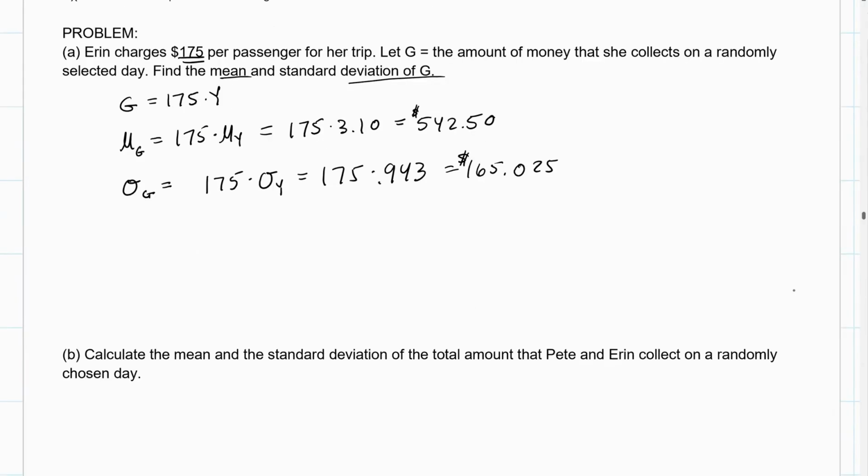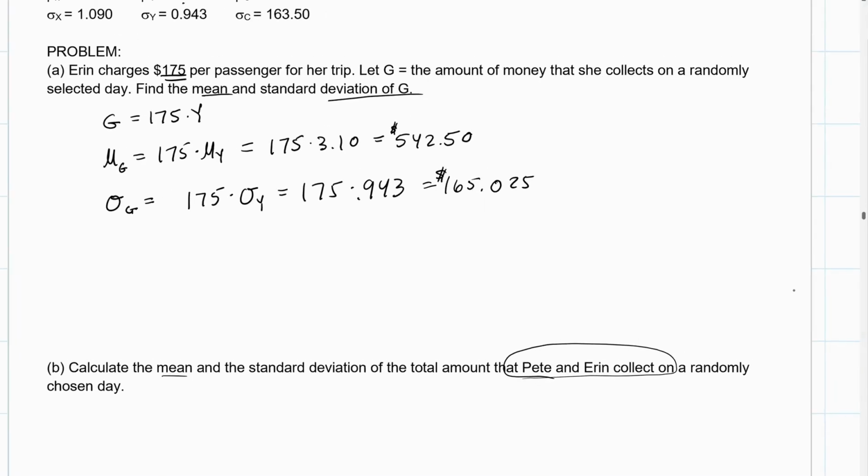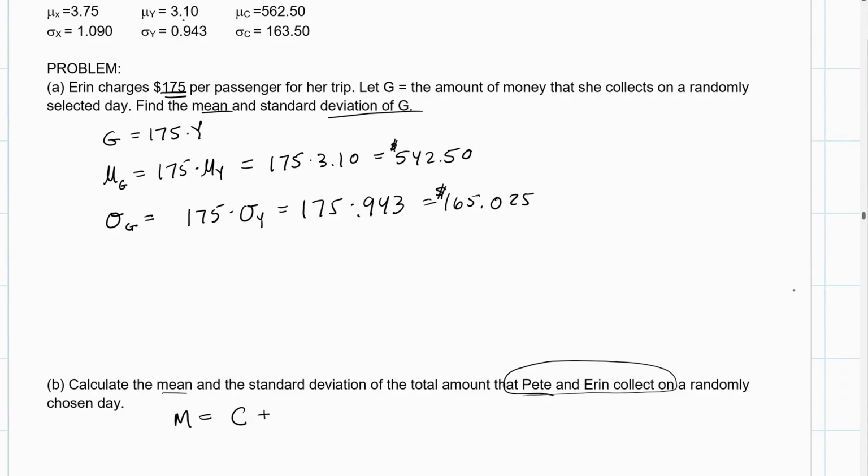But what happens when we find the mean and standard deviation of the combined money that Aaron and Pete collected? Well, let's call this some new variable. First of all, we're going to need the new variable. I'll call it M, and it's going to be C, which will be the amount of money captured by Pete, and then G, the amount of money captured by Aaron.